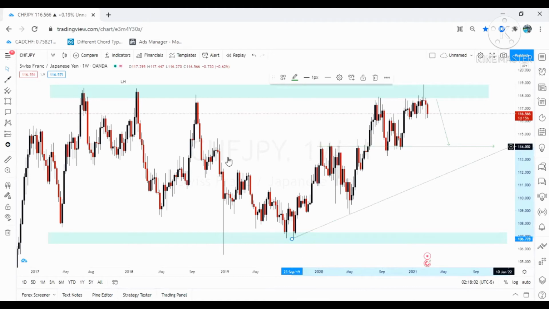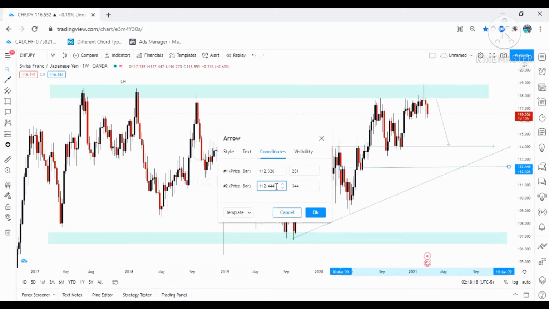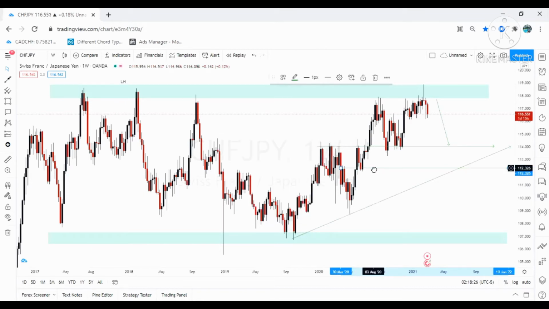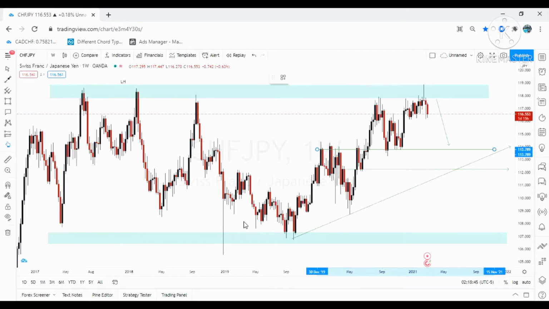This is our diagonal SNR. So you got our first test here, and then the market was consistently making higher lows.